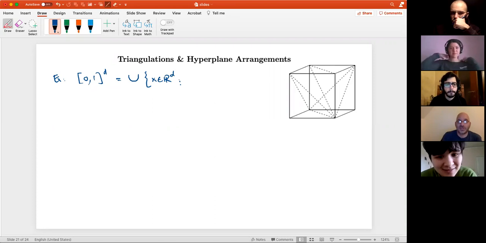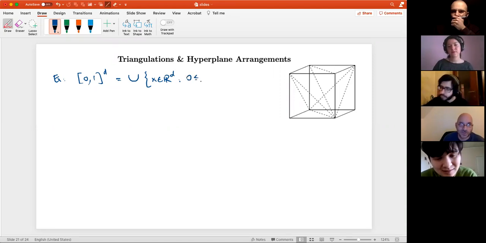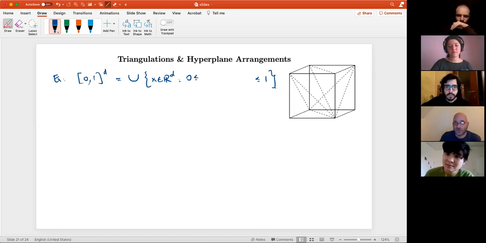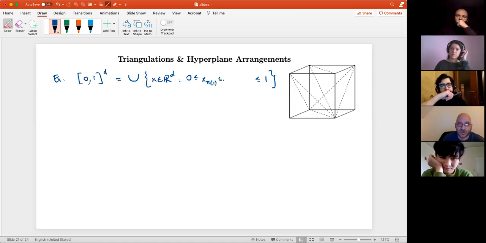So here's what I'm going to do. All my coordinates are between 0 and 1, correct? And so now I'm going to order my coordinates. Somebody has to be the smallest, somebody has to be the next smallest, and so on. So I have d numbers, and I order them. I might as well write them as indexed by a permutation, pi 1 through pi d.